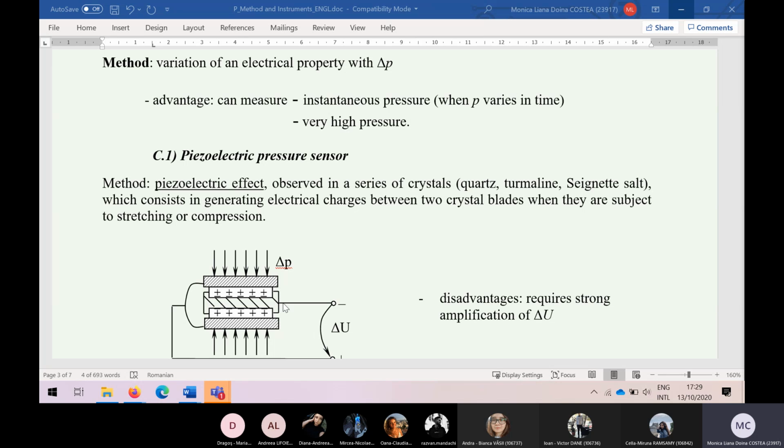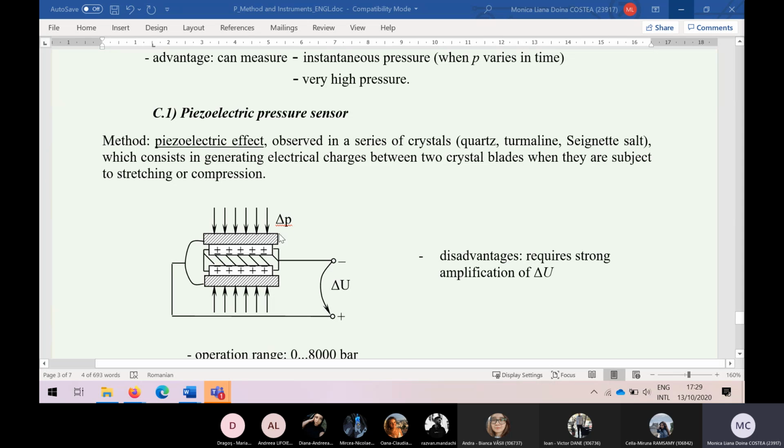Here will be collected the minus sign, and the external connecting blades will be charged by plus, and we will collect it here, giving us, instead of delta P, this is compression, yes, but it's the same also for expansion or stretching, this variation of the voltage as an answer.